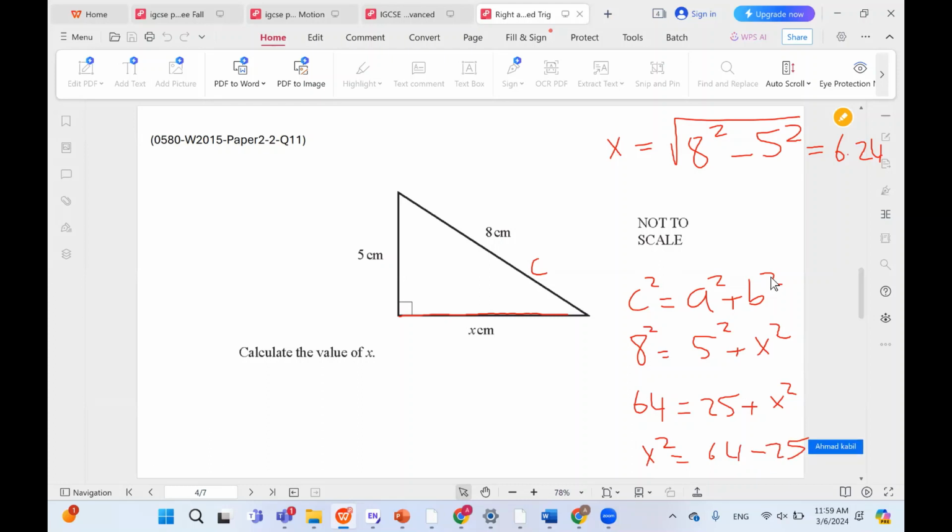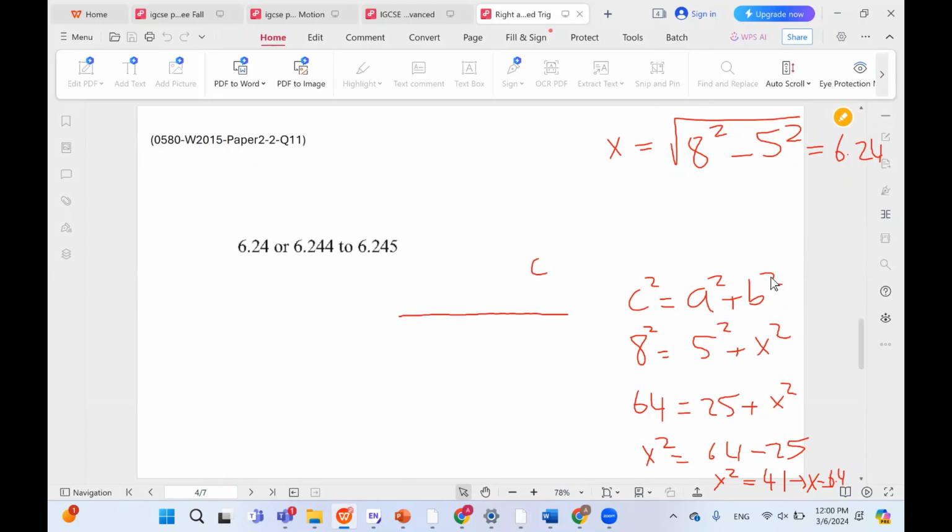So x squared is equal to 41. Therefore, you can get x by finding the square root of 41, which is going to again be 6.4. So you got the same answer, but it took more time. So you can either use this technique or that. Either way, the correct answer is 6.24.